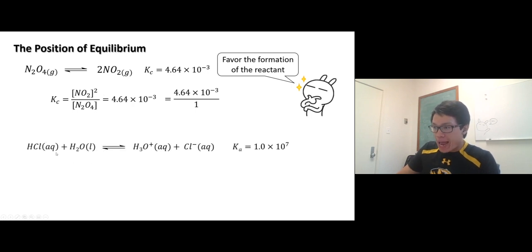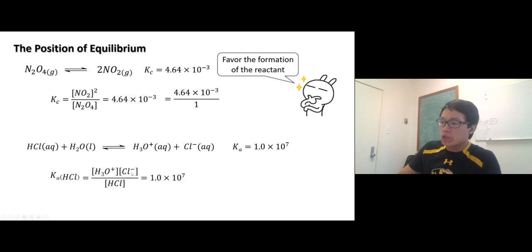Let's try one more time. Hydrochloric acid dissociates in water to make hydronium ion and chloride ion. You can write Ka. Same thing as Kc, but A stands for acid because hydrochloric acid is an acid. You will see a lot of Ka in the next chapter, chapter 13, acids and bases. Anyway, Kc, Ka, same thing.